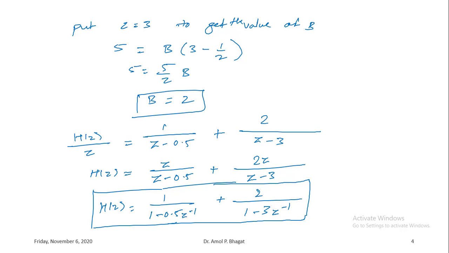Here we are using partial fraction expansion to get the inverse Z transform h of n of capital H of Z. So here we have 1 upon 1 minus 0.5 Z inverse, and the second term is plus 2 upon 1 minus 3 Z inverse.